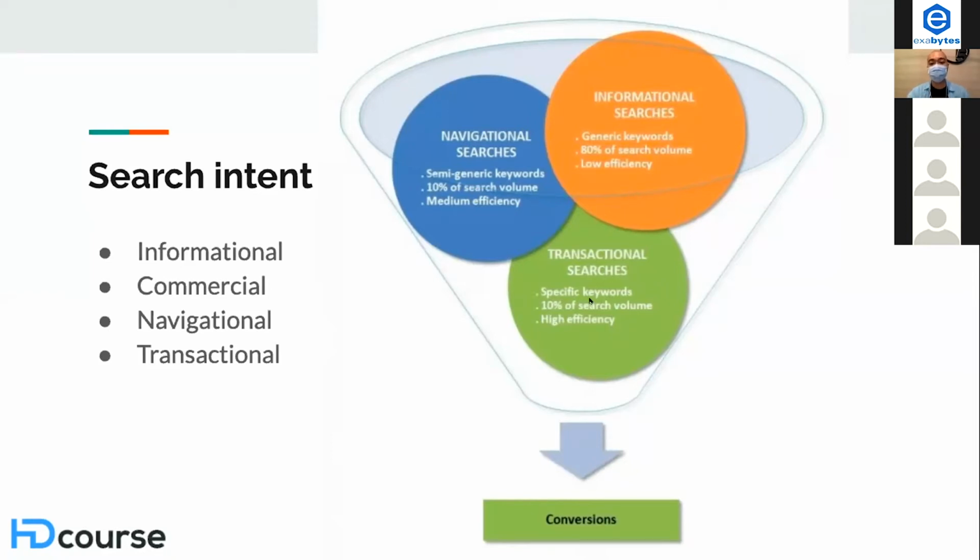And the last 10% will be transactional keywords. Transactional keywords mean they do a search and then they will make a purchase. So this is where the value comes from. For example, people search iPhone free shipping. Or you search like, I don't know, Xgoodbye coupon code, something like that.